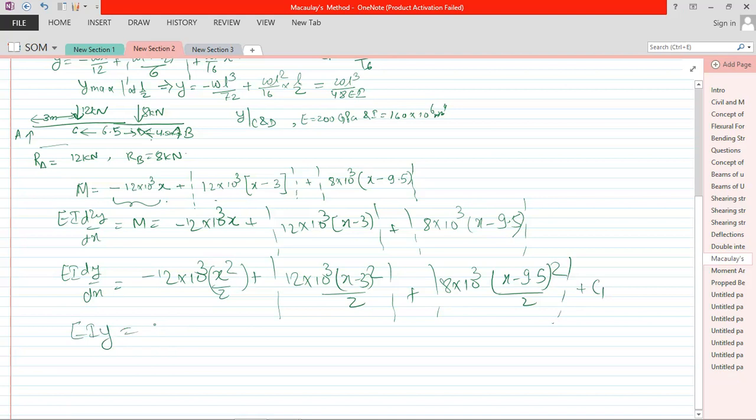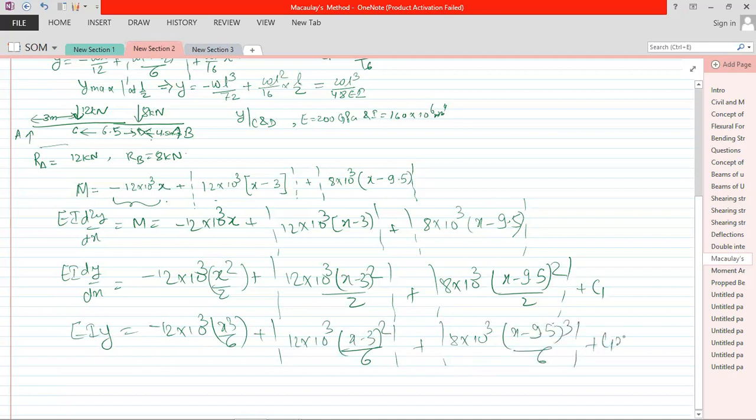Integrating once more, EI y is equal to minus 12 into 10 raised to the power 3 x cubed by 6 plus 12 into 10 raised to the power 3 into x minus 3 whole cube by 6 plus 8 into 10 raised to the power 3 into x minus 9.5 whole cube by 6 plus C1 x plus C2.